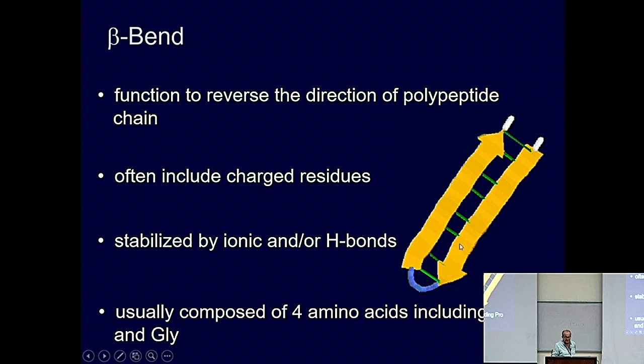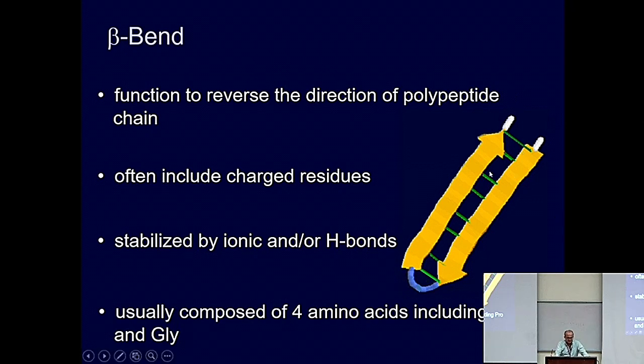That means you've disrupted the beta pleated sheet, and this is just a single row of 4 amino acids containing proline and or glycine. So you've disrupted the structure. After that, the beta pleated sheet can reform. Once it goes through this beta bend, it can reform, and now you have it going in the opposite direction, for example.